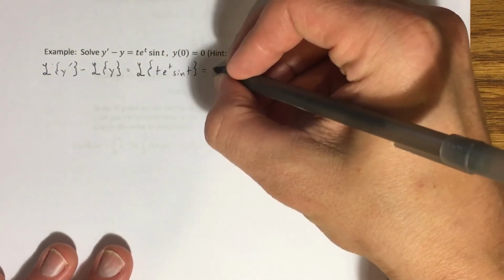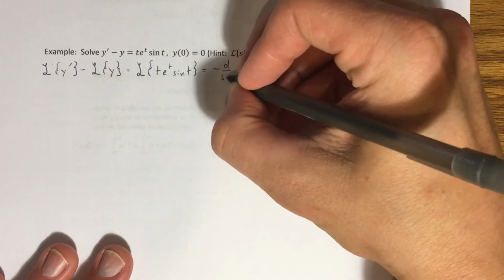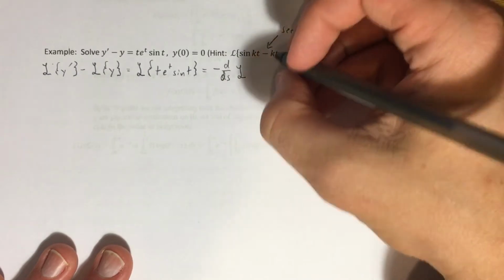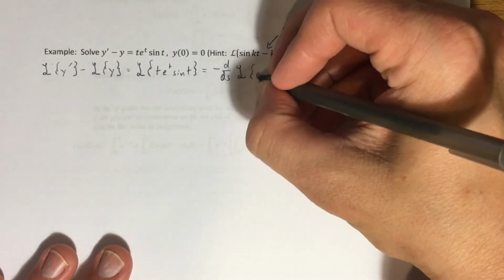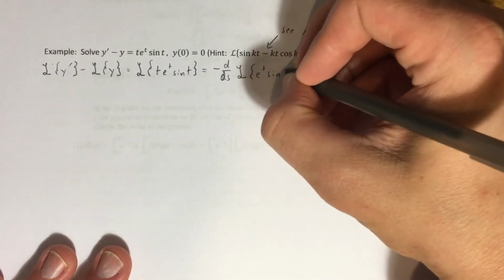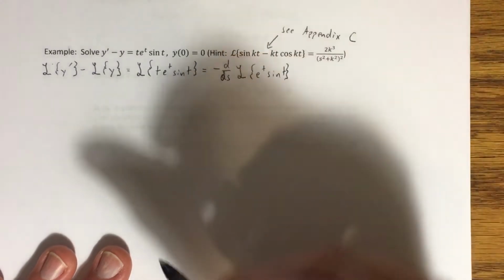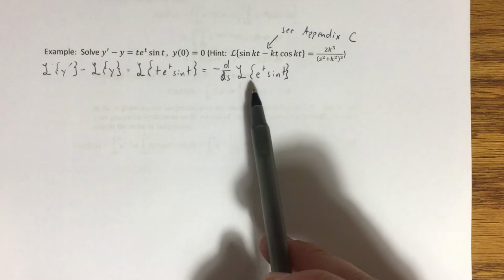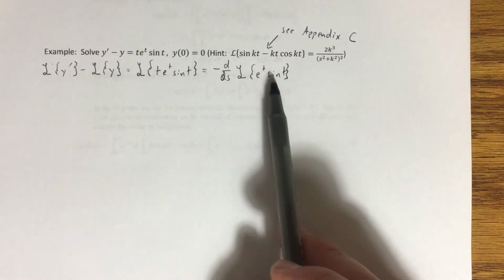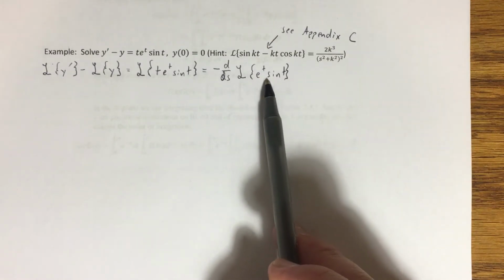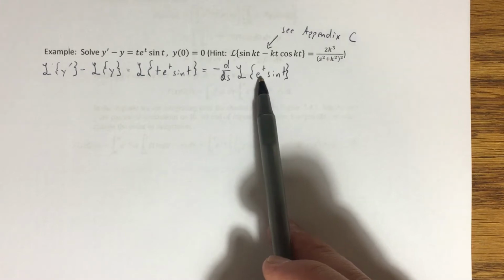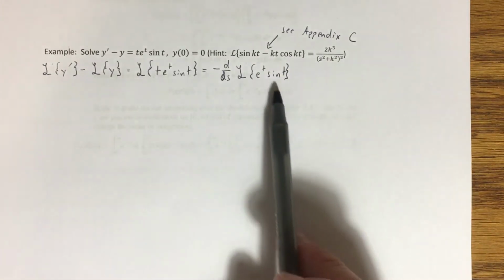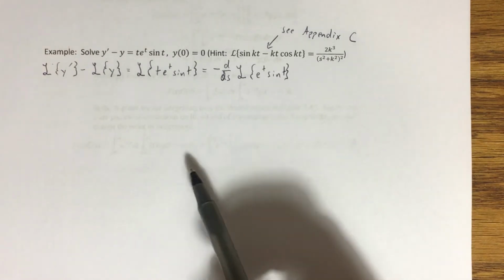This should be equal to negative the derivative with respect to s of the Laplace transform of e to the t sine of t. However, now I have a Laplace transform of e to the t sine of t, and we recognize this from the previous section as a translation on the s-axis. So we can write this differently as well.